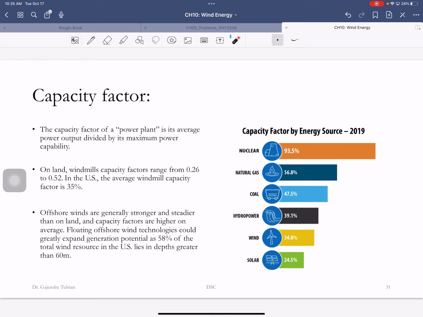Offshore winds are generally stronger and steadier than on land, and the capacity factors are higher on average. Floating offshore wind technologies could greatly expand generation potential, as 60% of the total wind resources in the US lie in depths greater than 60 meters. So in deep waters, that's where most of our wind potential is, so we want to build windmills on floating platforms.